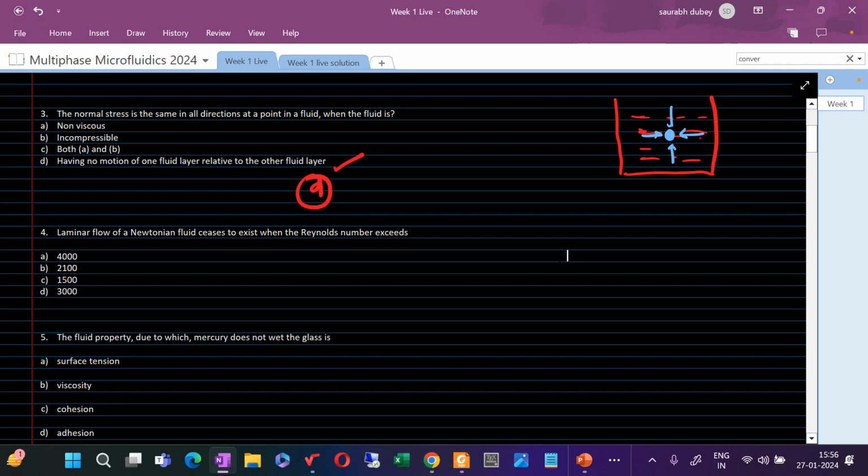2100. This is for pipe flow, or yes, channel flow. So 2100.